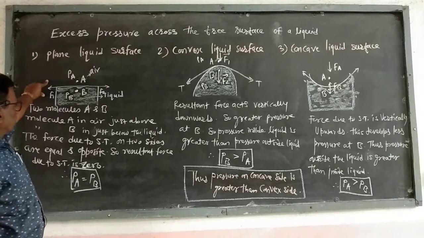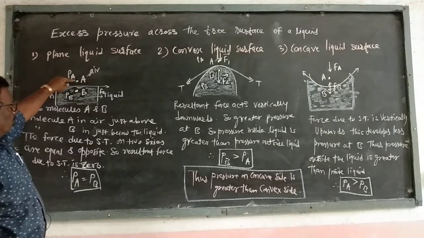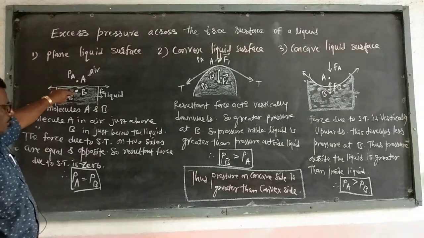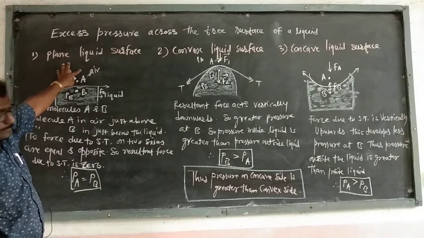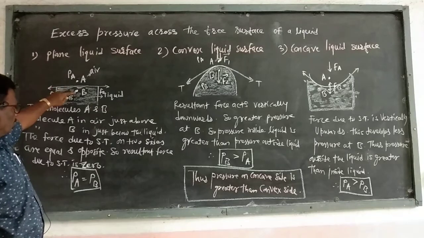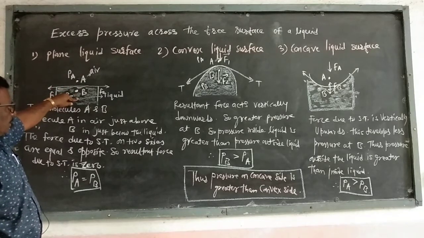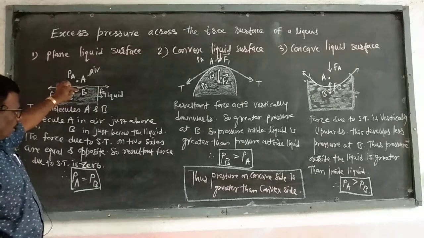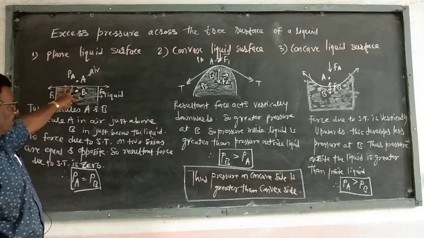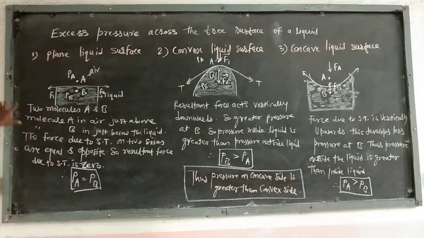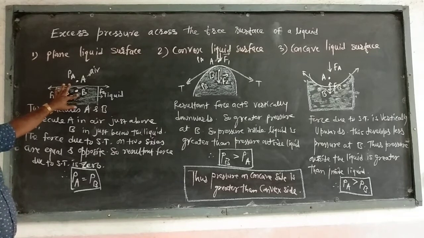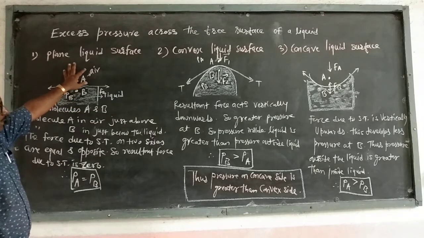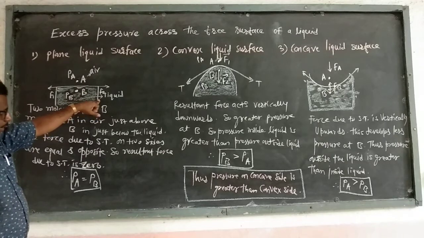There we consider two molecules, molecule A and molecule B. Molecule A is in air, just above the surface, and molecule B is just below the surface, in the liquid.